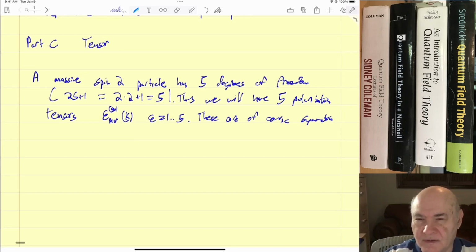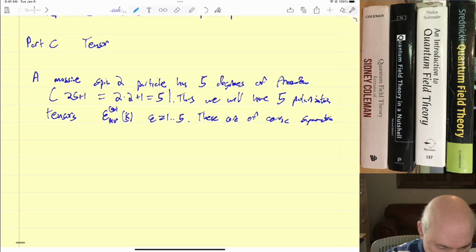And then we're also going to have the trace of the tensor, and we're going to get rid of that. The trace would correspond to a scalar part of the gravitational force, and that's spin 0. And then we're going to have a current conservation condition. So let me show how this works out.